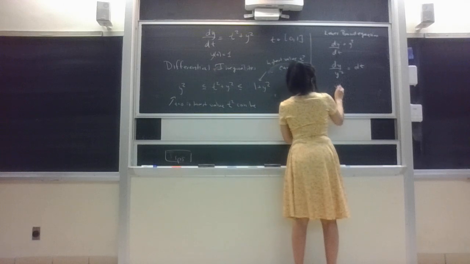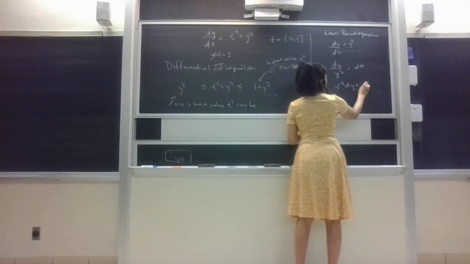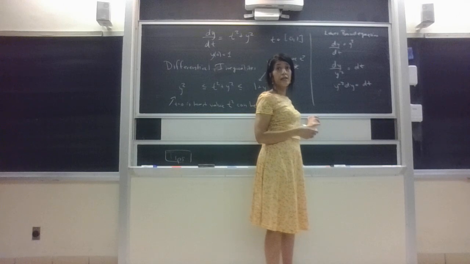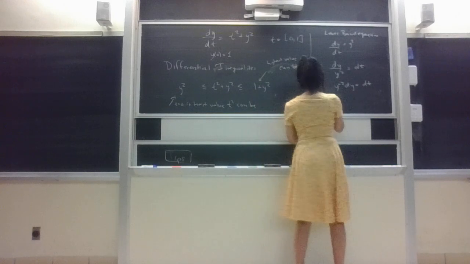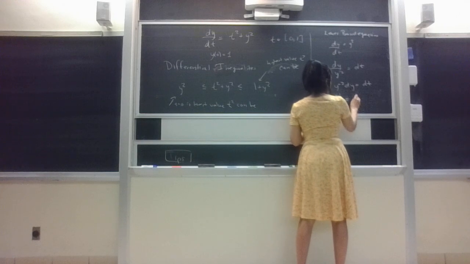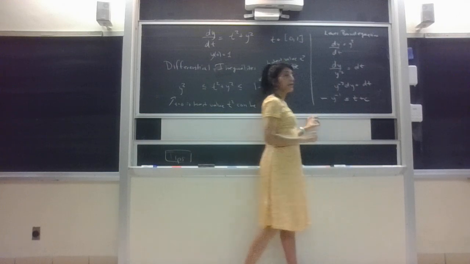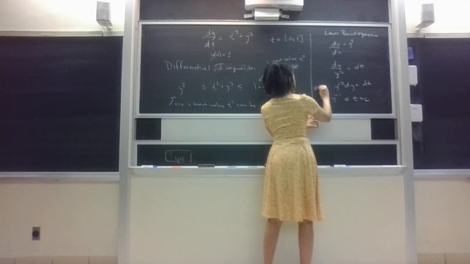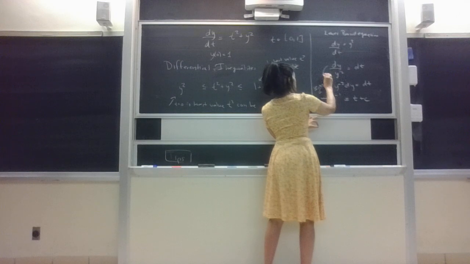But this is y to the minus 2 dy dt. That's the power rule: add 1, divide by that number, is equal to t plus c. So this is integrating.